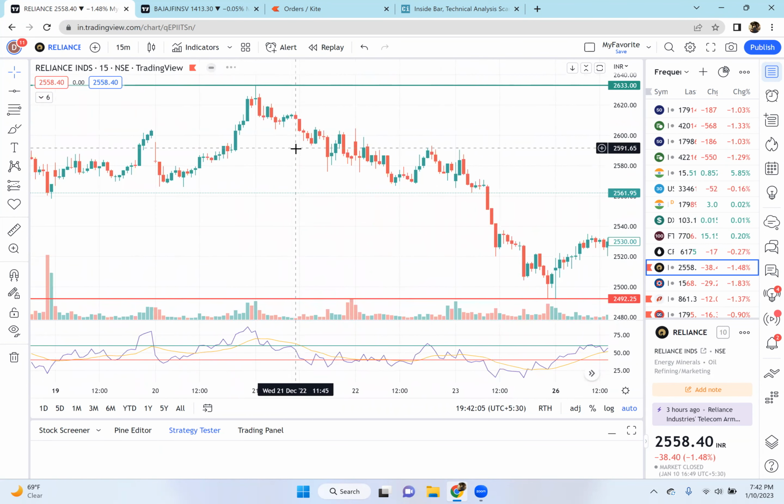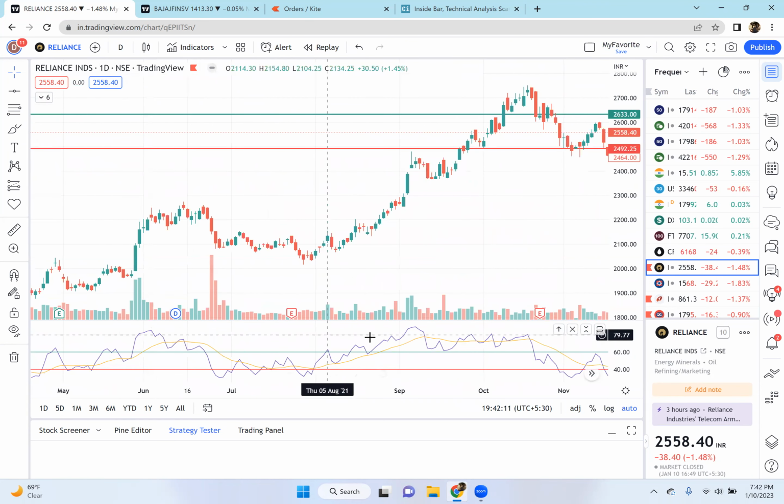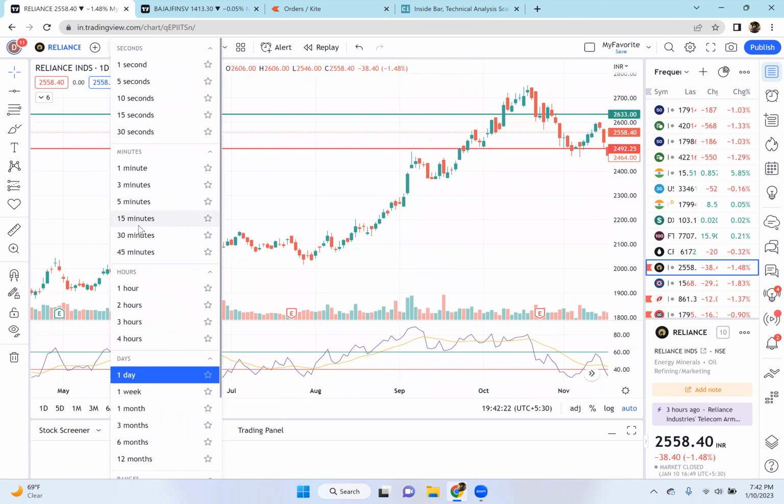Let me look at the daily time frame and then select. Yeah, this one on 2nd September. Okay, let me change it to 15-minute and go to 2nd September.